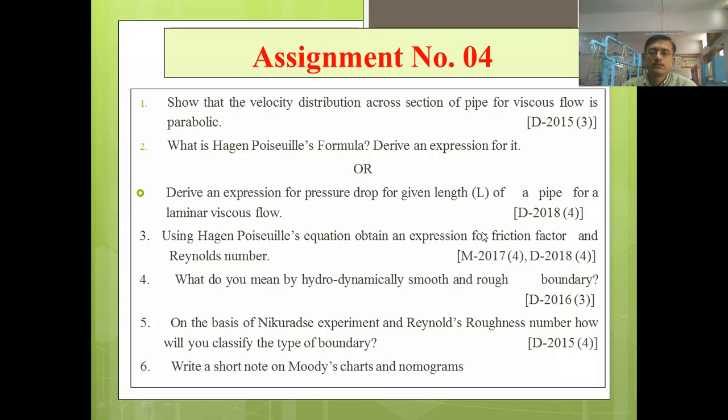Question number 3. Using Hagen-Poiseuille equation, obtain an expression for friction factor and Reynolds number.